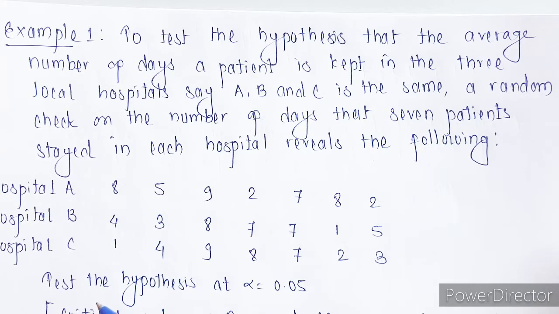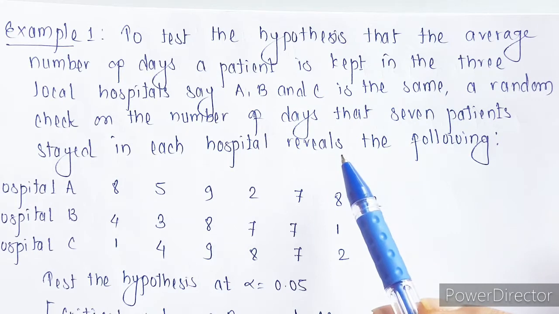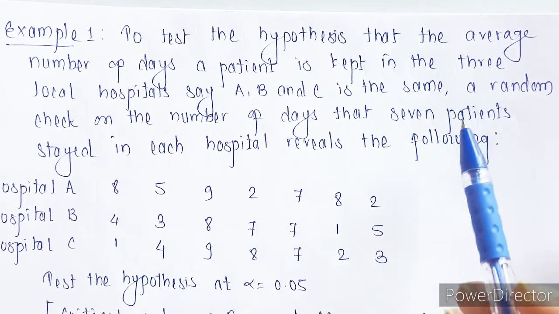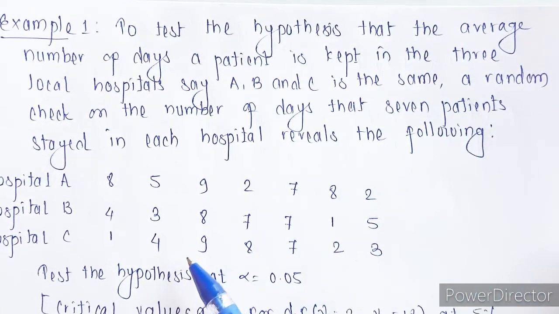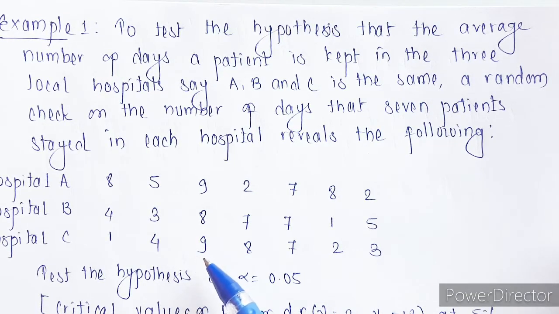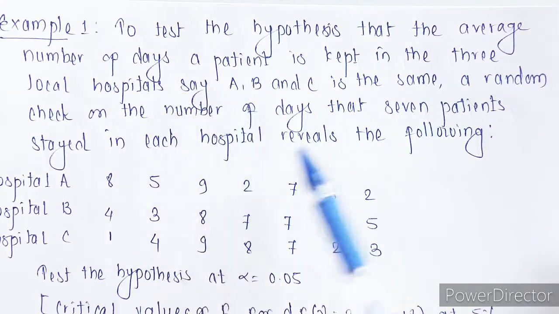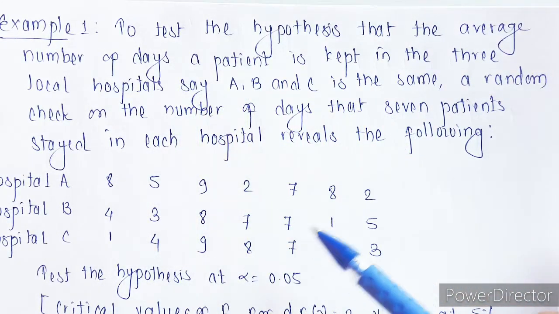We need to check that the average number of days of the patient kept in these 3 hospitals is the same. So in this case we have to check the means of the 3 different hospitals, whether the average number of days stayed by the patients is the same or not.